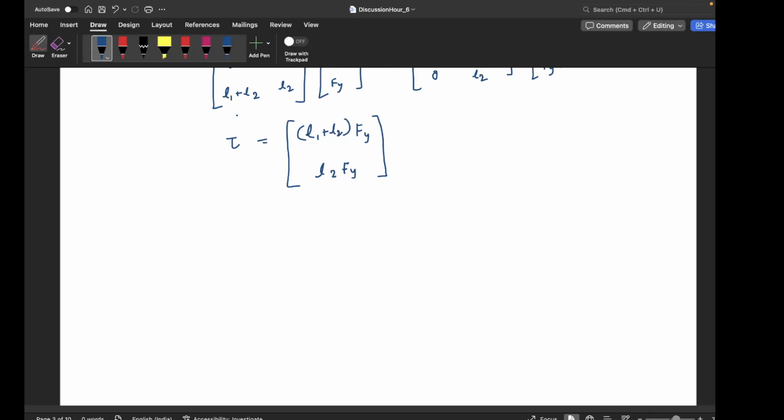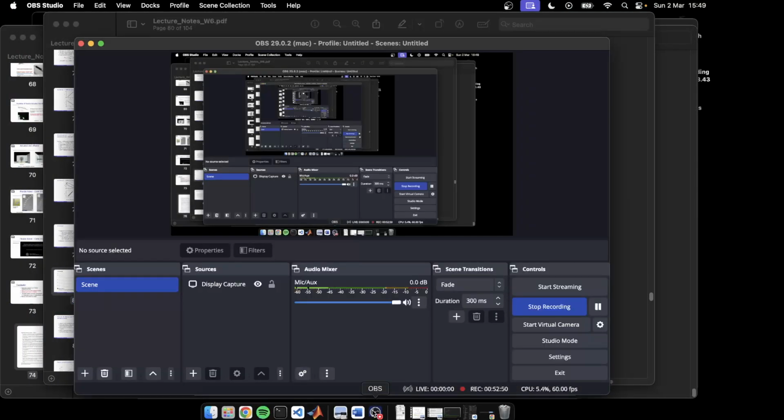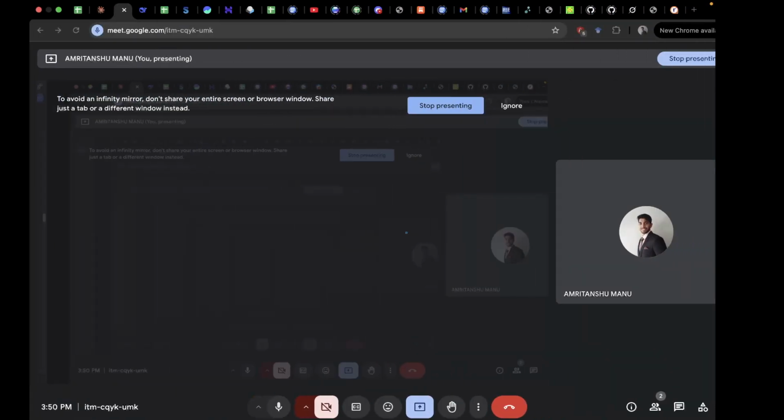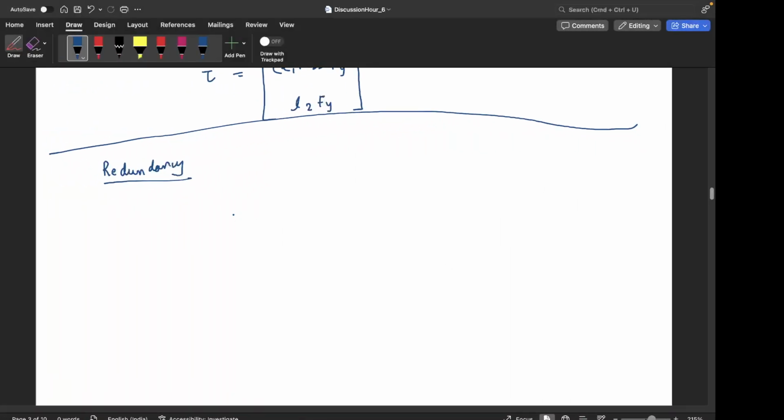All right, now this is pretty straightforward. Now the final topic in the agenda today is redundancy. So redundancy is when there are more degrees of freedom in the manipulator than is required.